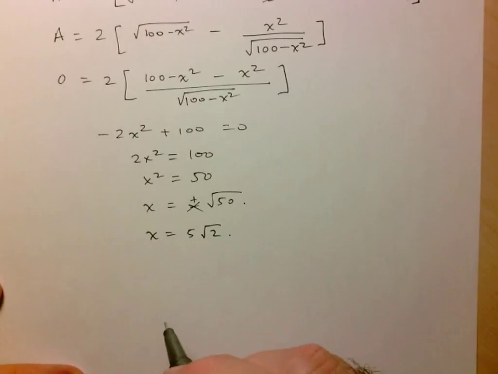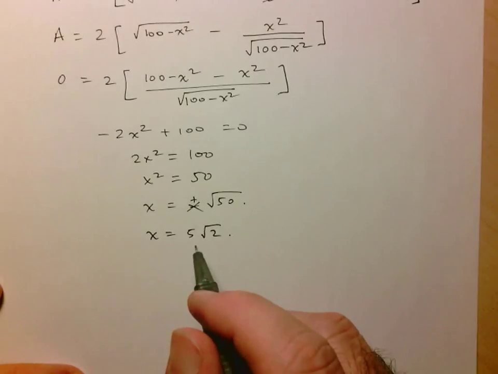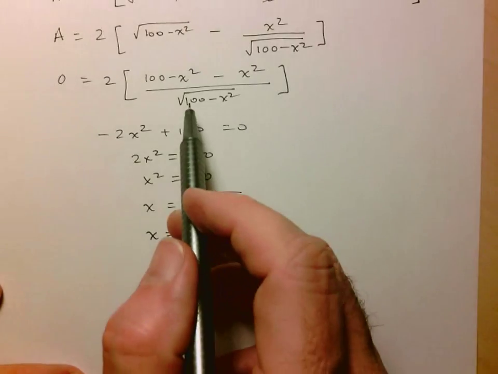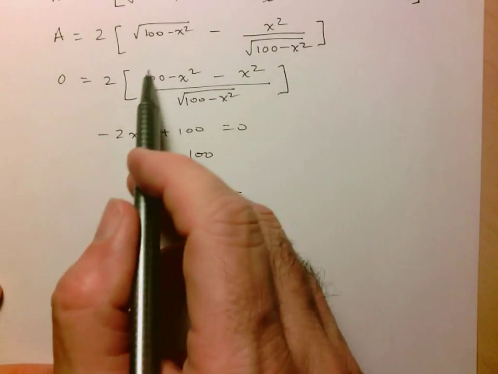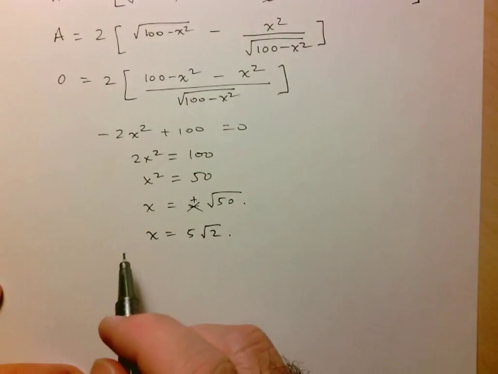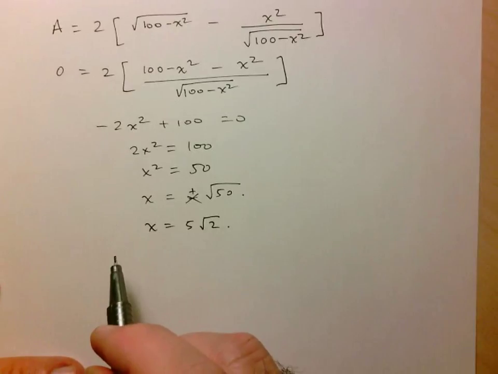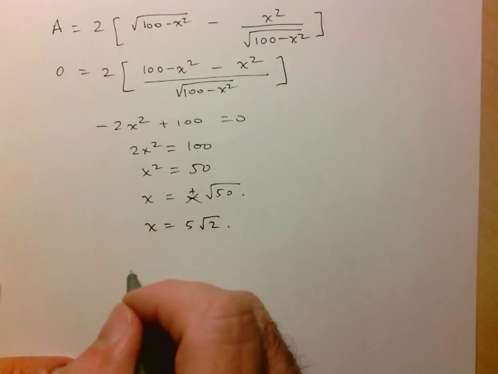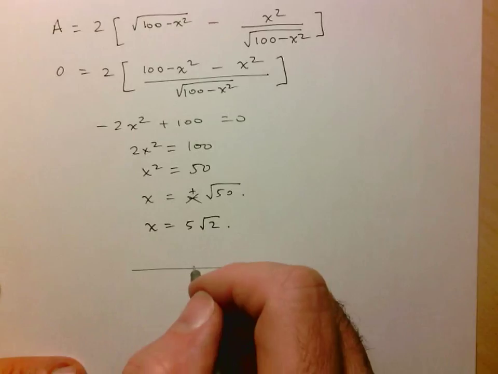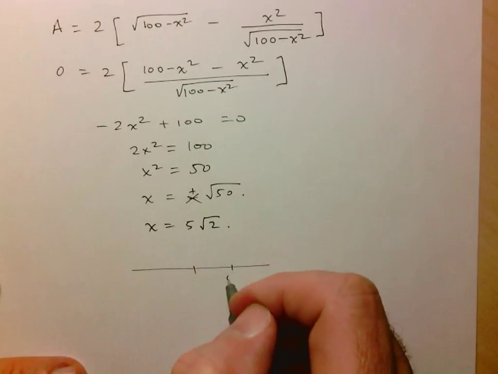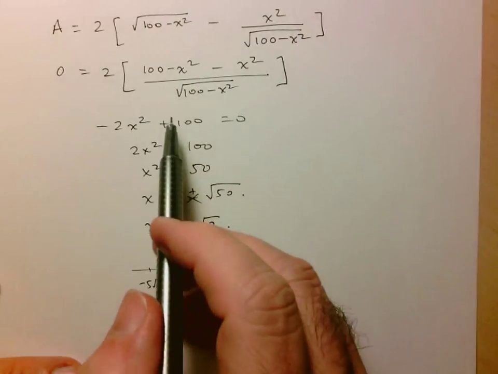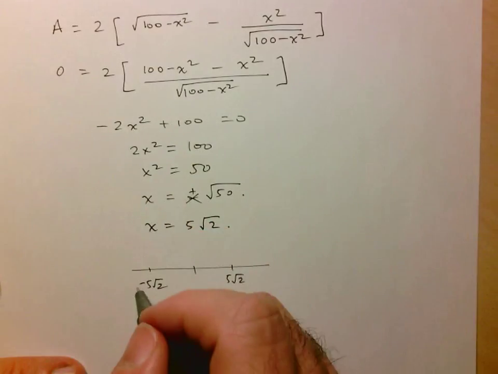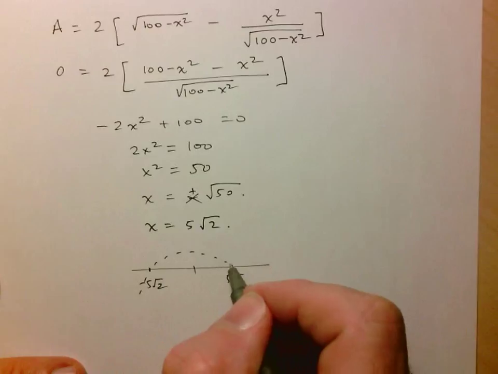Now we do have to test that this is indeed a maximum value. Since the denominator is always positive and the 2 is always positive, I just have to look at the 100 minus 2x squared. We're only interested in greater than 0, but we had 5 root 2 and negative 5 root 2, and here we see that it's a parabola opening downwards.